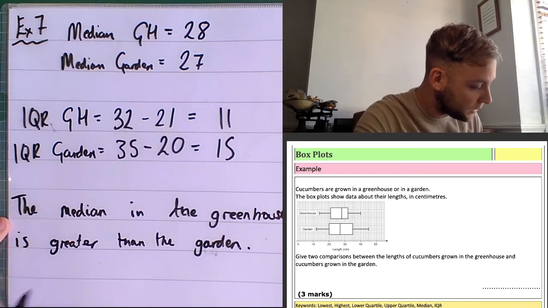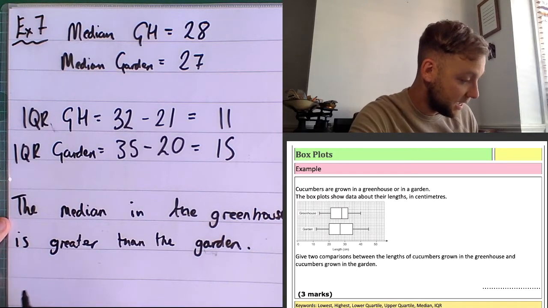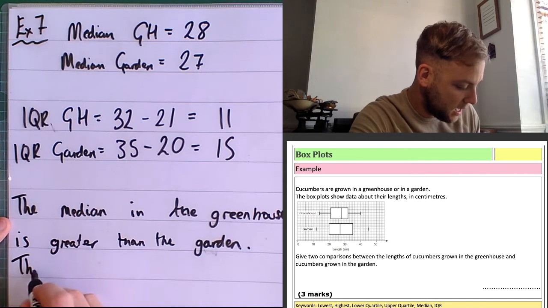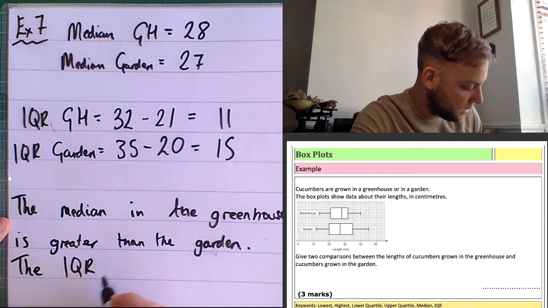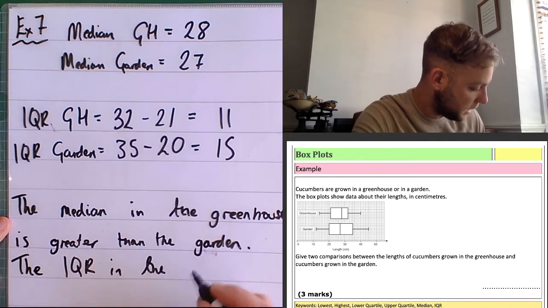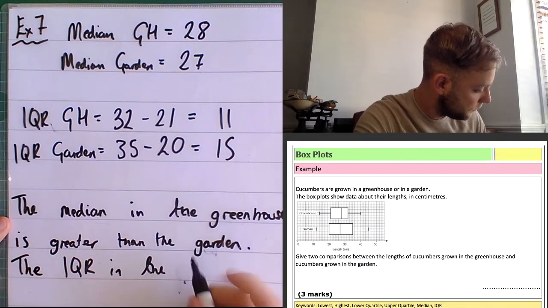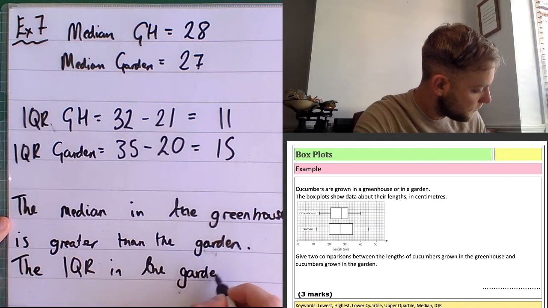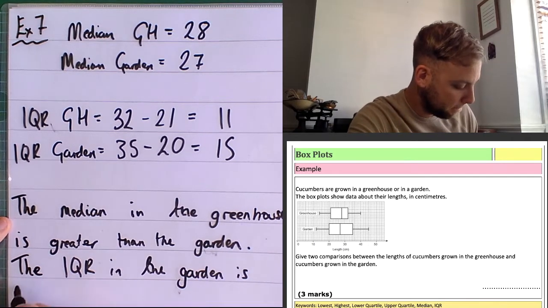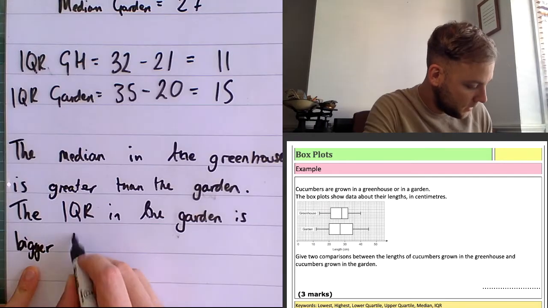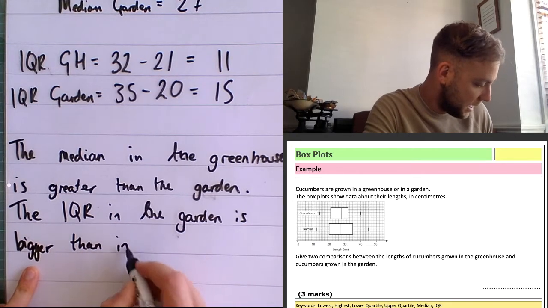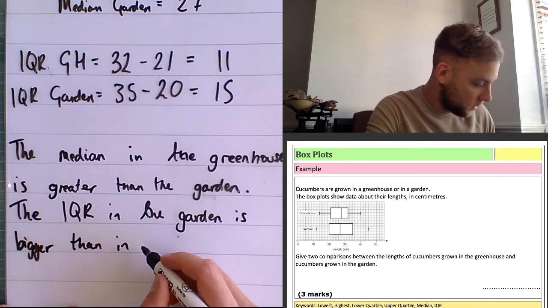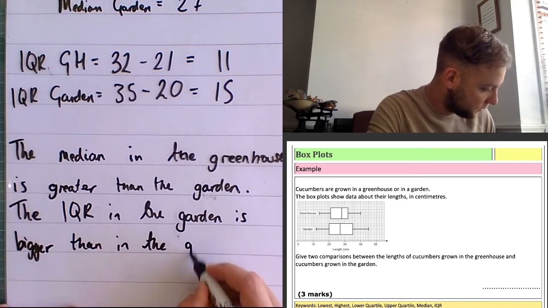And the interquartile range in the garden is bigger than in the greenhouse.